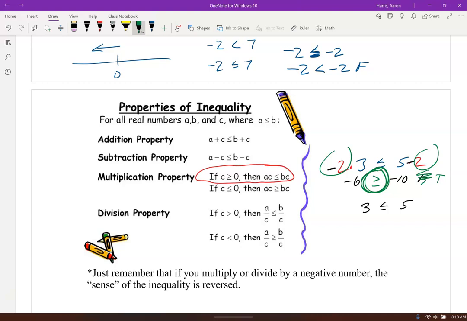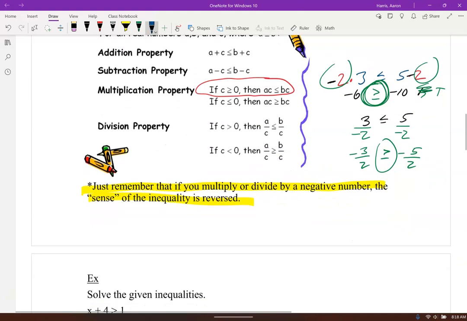But if you divide by a negative, once again, you have to switch that sense of the inequality. You've got to switch that direction. Okay? So that's what you want to remember right there. If you multiply or divide by a negative number, you've got to switch the sense of the inequality.